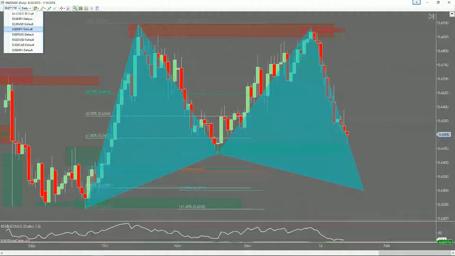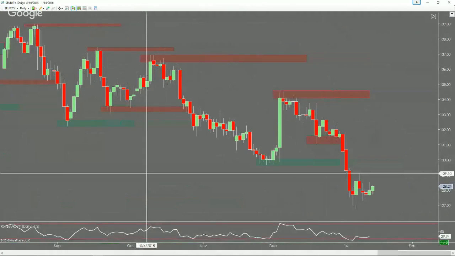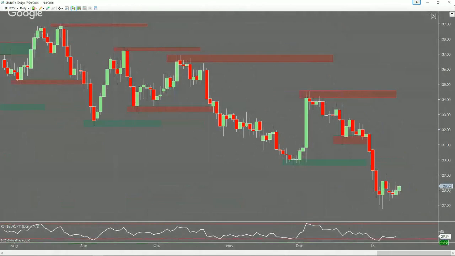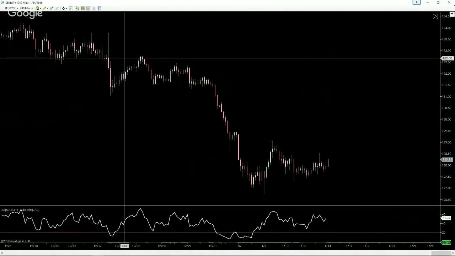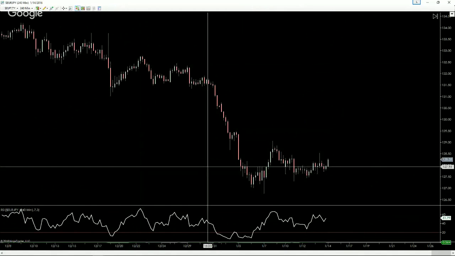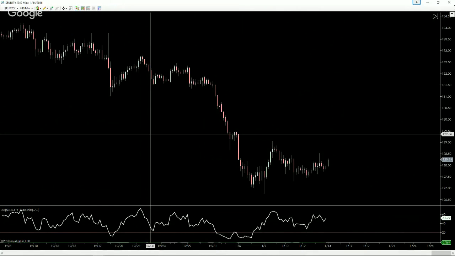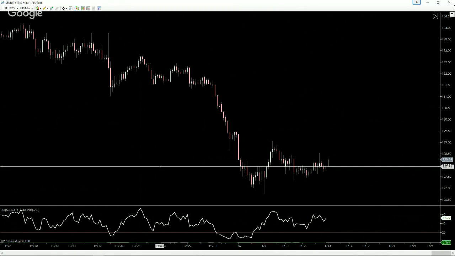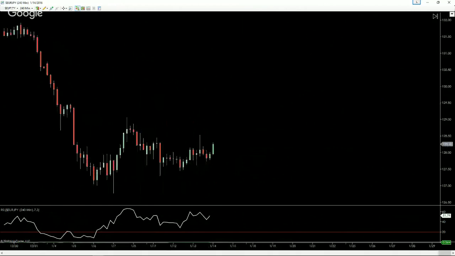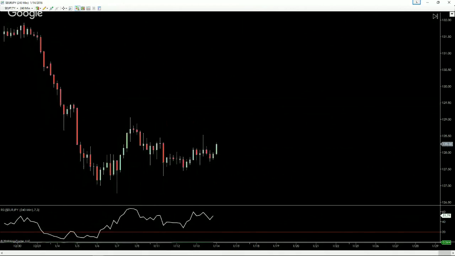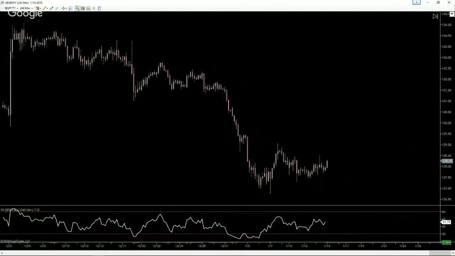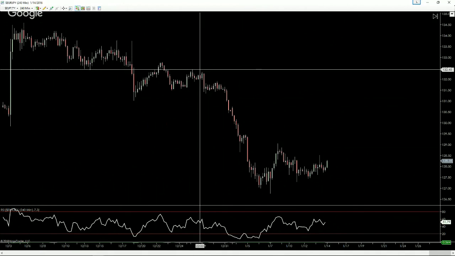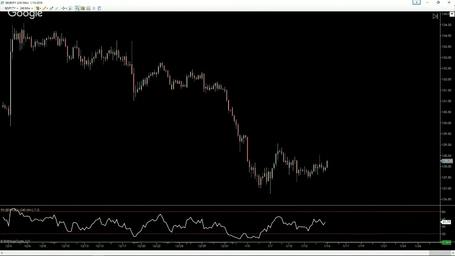Now to Euro Yen. Okay, so in that bearish direction, we do have some sort of a pennant pattern.